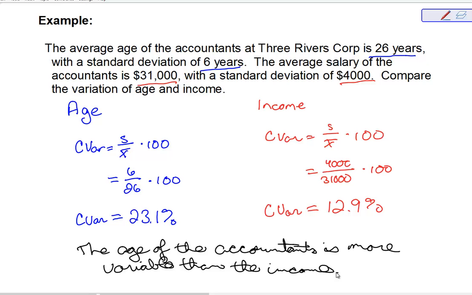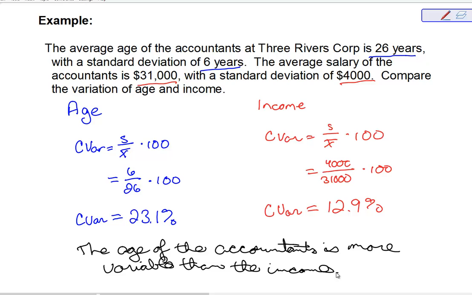Meaning you have a wider range for the ages overall, larger standard deviation based on what you have and everything for the ages than you do the income.